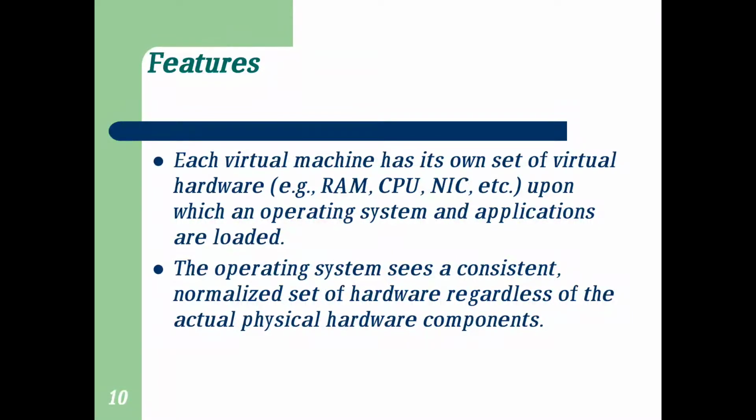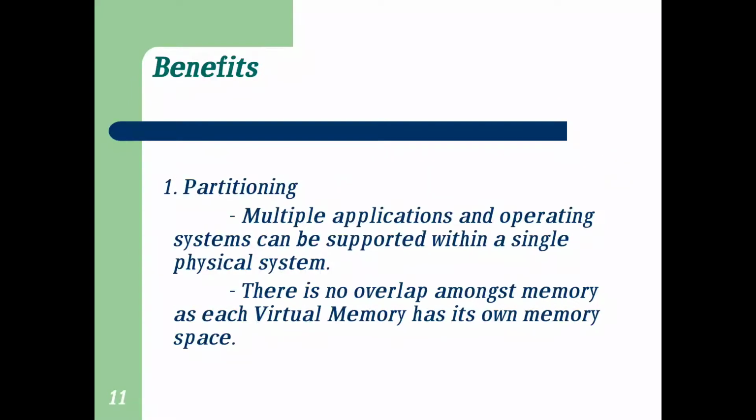My laptop has only one processor, one memory, only one motherboard, and again the system is only one. Within that system I can use different operating systems. So those operating systems see a normalized set of hardware regardless of the actual physical hardware components. It means you can use other operating systems with only one hardware part. That is the point here.